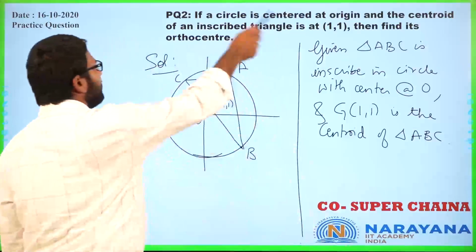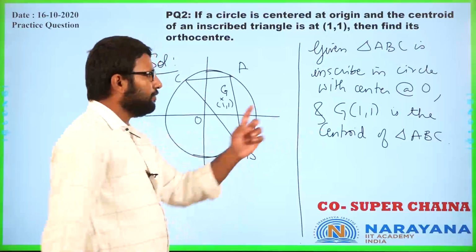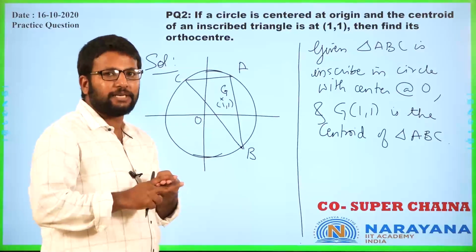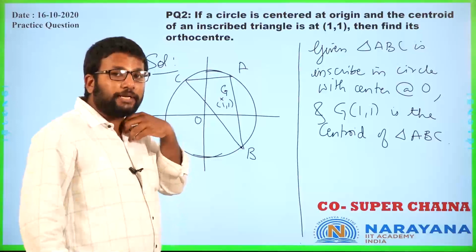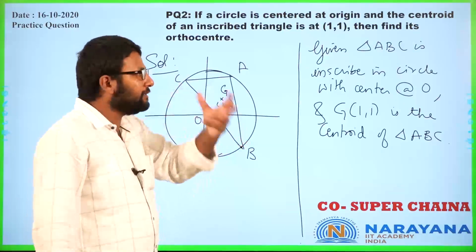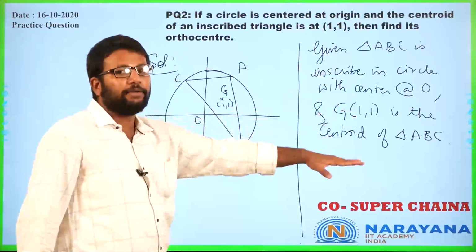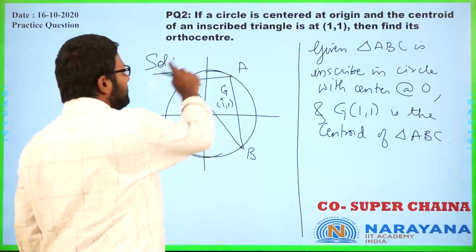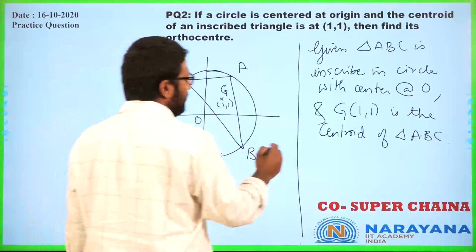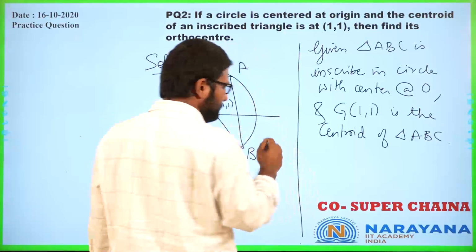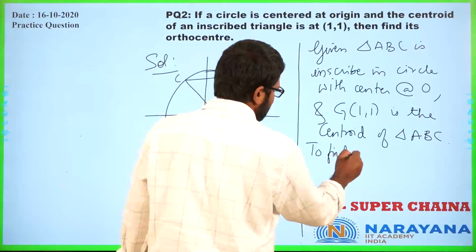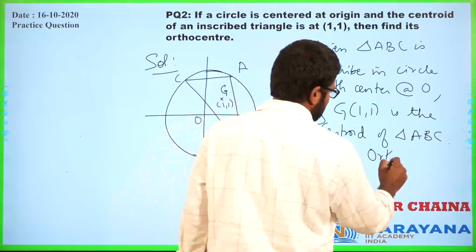And the question is asking to find its orthocenter, right? So we know that between centroid, orthocenter and circumcenter there is a relationship. If I know the circumcenter, using circumcenter and centroid, I can find the orthocenter, right? So I need to find the circumcenter. For circumcenter, you realize that this is actually the circumcircle, right? So let us work backwards to find the orthocenter.